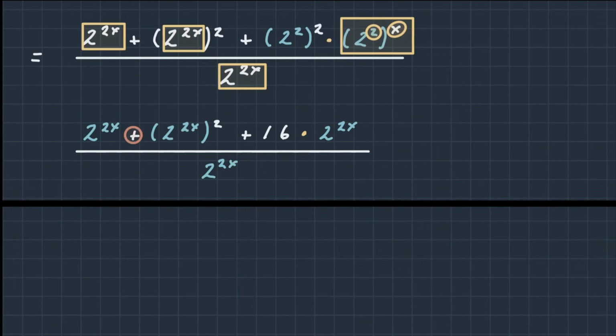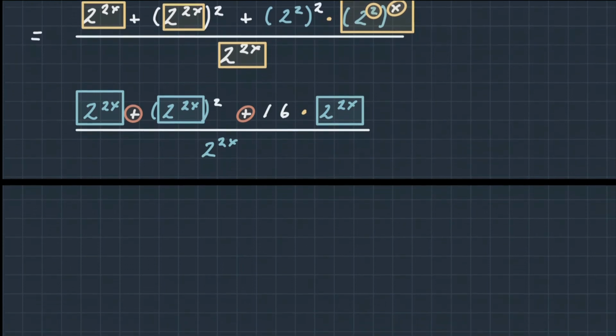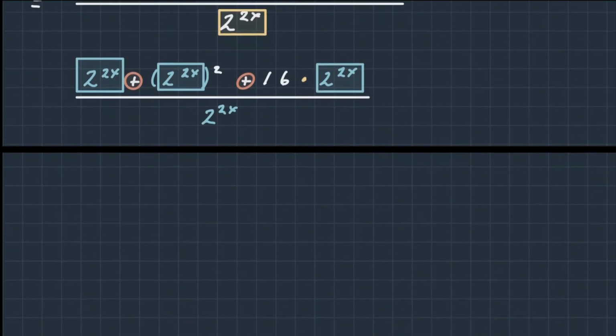Now I'm going to go ahead and just highlight those addition signs because we're now going to make use of the distributive law to factor out that common factor of 2 to the 2x in the numerator. So I'm now going to ask myself, 2 to the power of 2x multiplied by which factor will give me the product 2 to the 2x? Well, that is just the factor of 1.